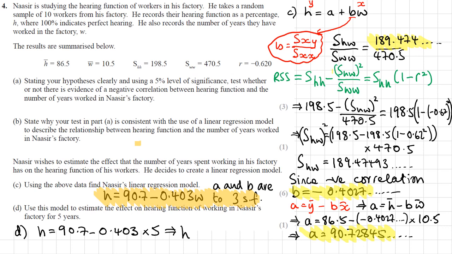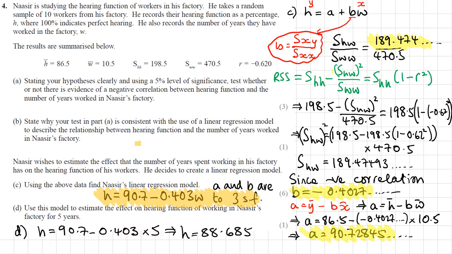So that gives 88.685. Now I can see from this linear model that we're starting from a baseline of 90.7% hearing, because at no years H would be equal to 90.7.